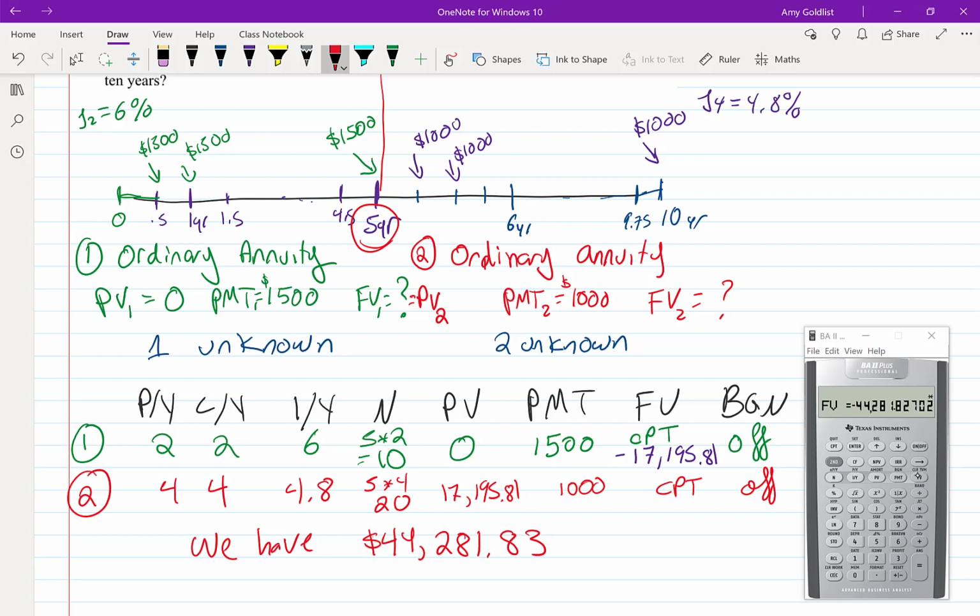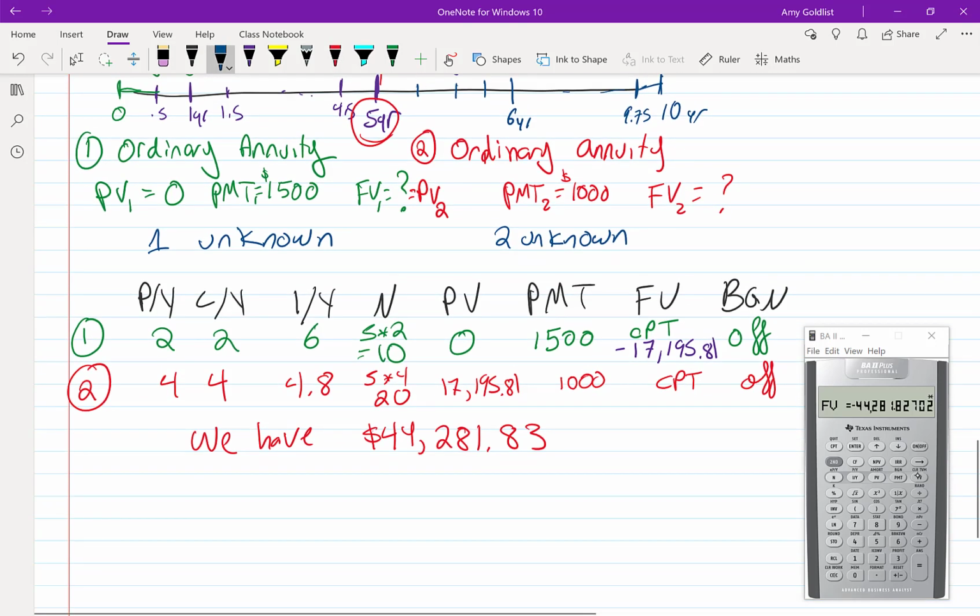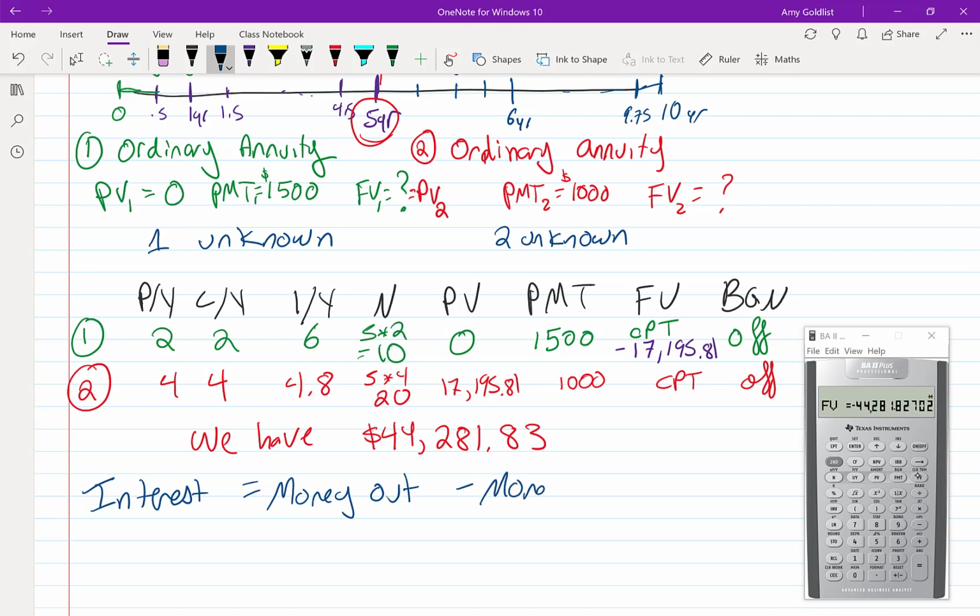Let's pretend we take that out of the bank. Let's find out how much interest we made. So our interest is money out minus money in. In this case, we took out our savings, our life savings of $44,281.83. We put in 10 payments of $1,500 and we put in 20 payments of $1,000.